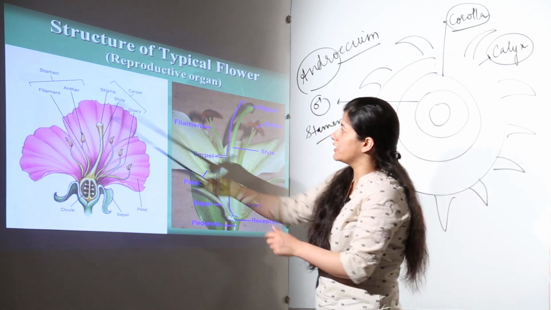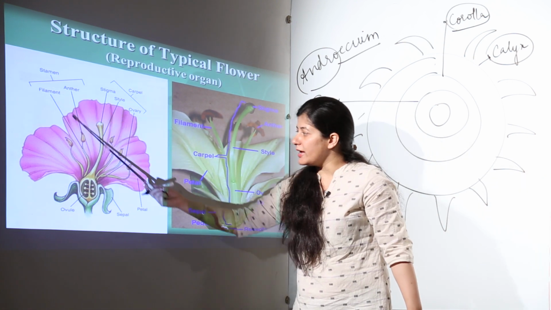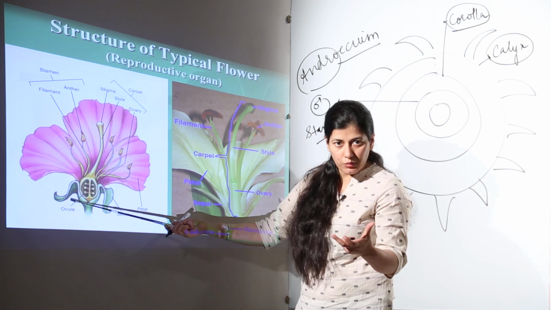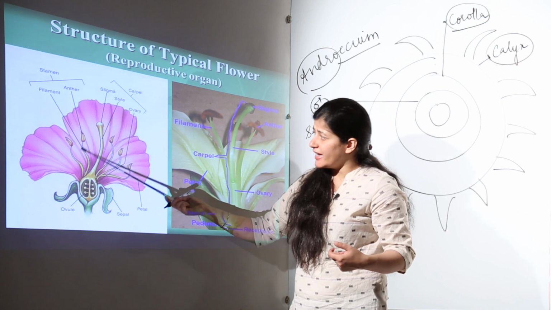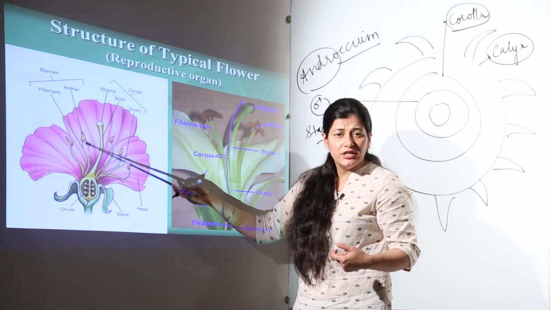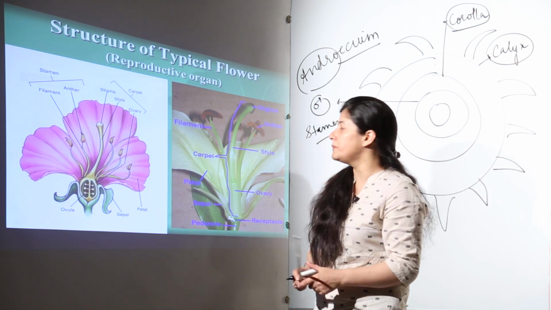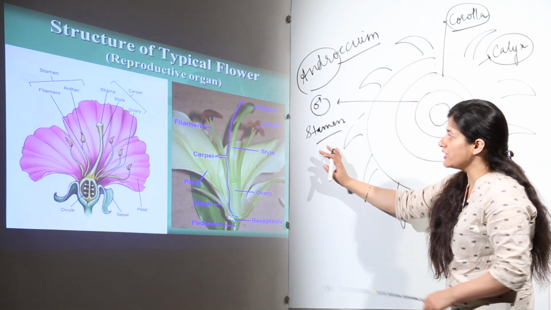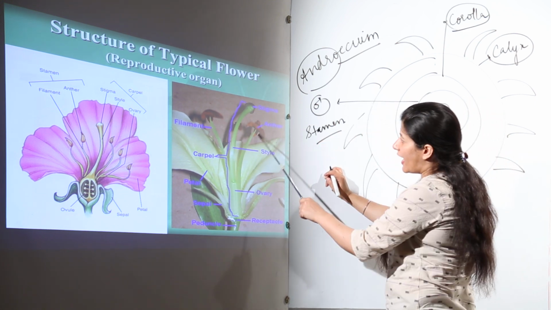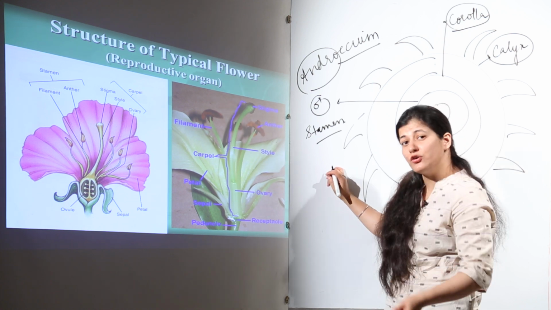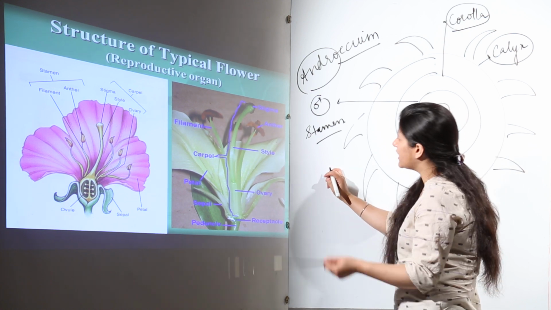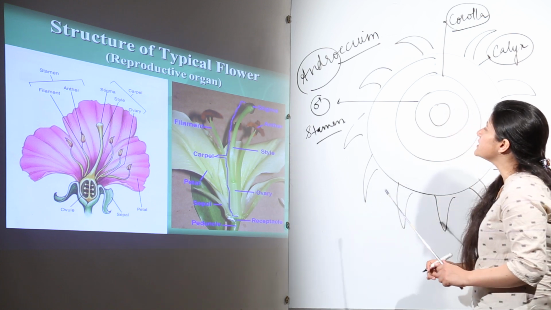As you can see over here, this is the stamen, the appendage present on the third whorl, which has a long slender filament over which we have the anther in which we find the pollen grains. So, we have stamen that is made up of filament and anther. This part is going to bear the pollen grains and there you would find the male gametes. That is again part of the subsequent lessons.